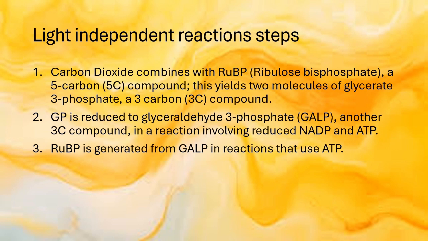So do have a look at your specification if you are someone watching this video and you don't do Edexcel A. But these are the words used for Edexcel A. So if you do Edexcel A, then nothing to worry about. So RuBP is generated from glyceraldehyde 3-phosphate in reactions that use ATP.